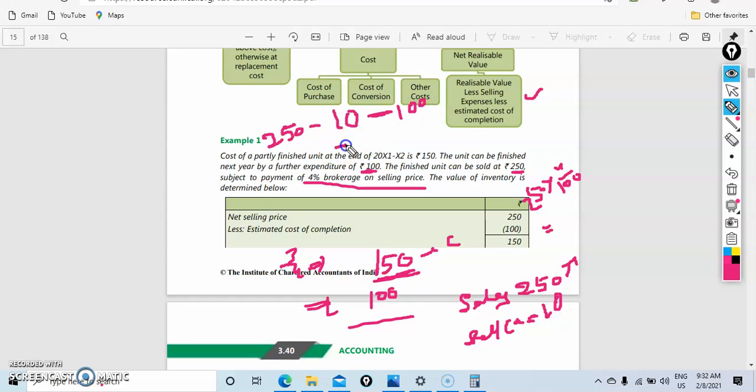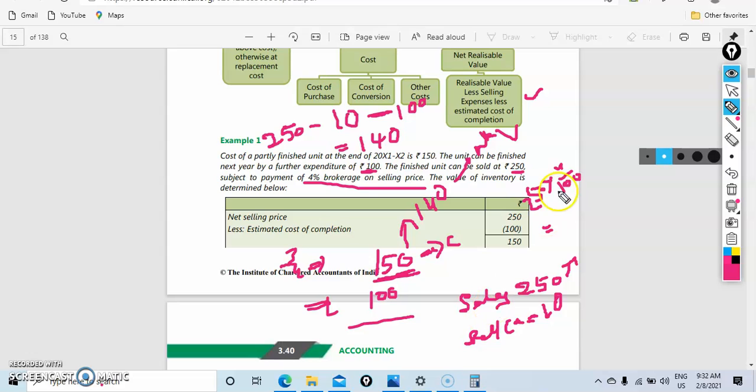So 250 minus 10 is 240, 240 minus 100, 140 is the net realizable value for this partly finished unit. If you want to sell this one, you can sell it in the market for 140. So now you can see the cost is 150 and the net realizable value is 140. Then which will you take? You will take only the net realizable value. Then you will value it.